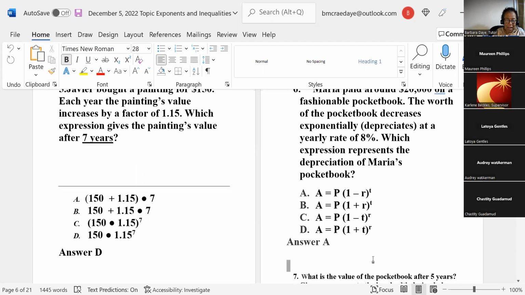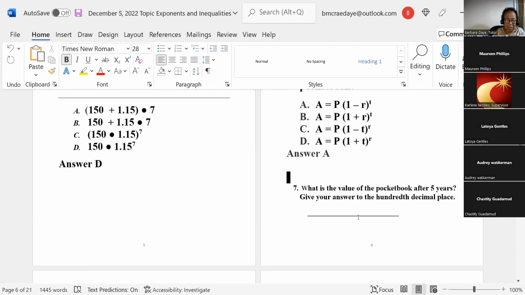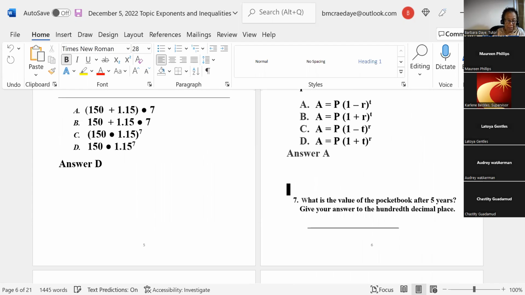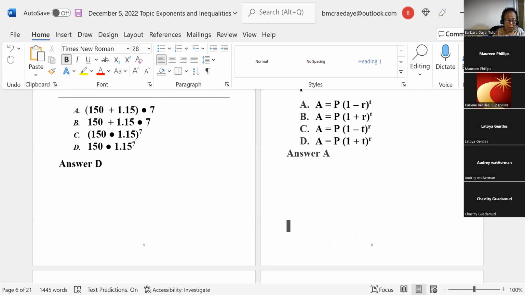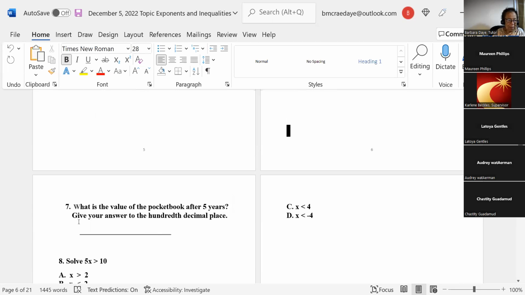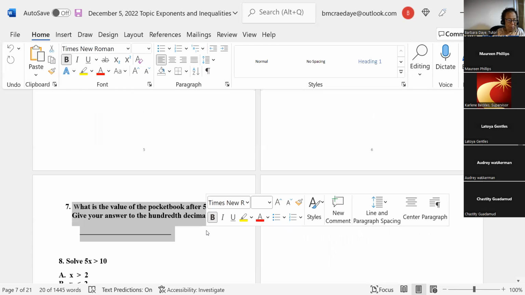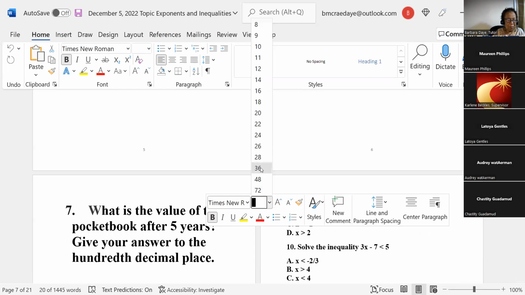Any questions on number 6? Now, Latoya got the value of it. Latoya, tell us how you got the value of the pocketbook after 5 years. 20,000 times, in parentheses, 0.92, close parentheses, with 5 as the exponent.